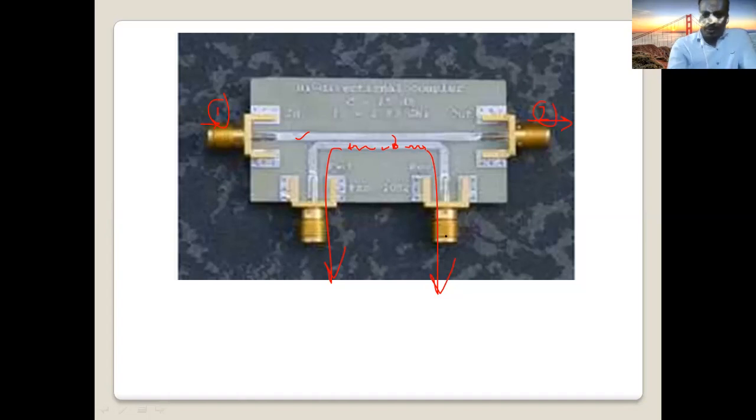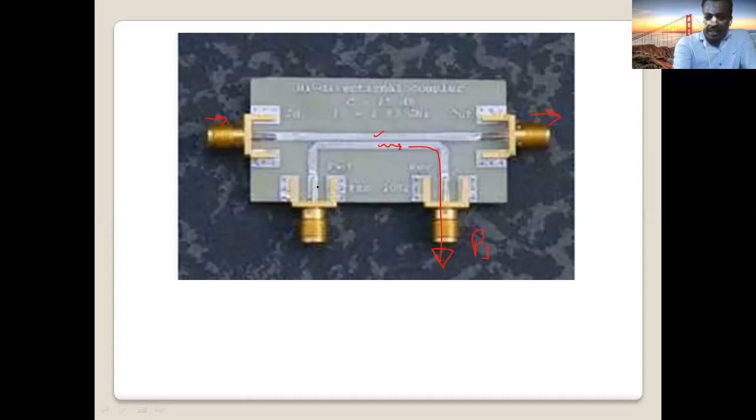Because this device is a directional coupler, if the input signal comes here, it is transmitted directly through transmission line 1, and then the coupled signal only goes in one direction. Which port? It will come to this port only, port 3. We call it the coupled port. Okay.